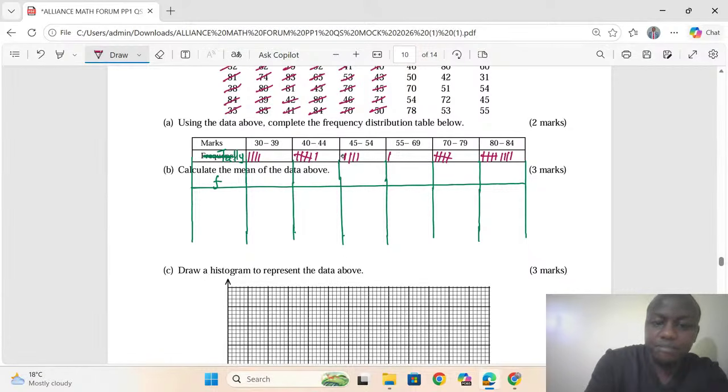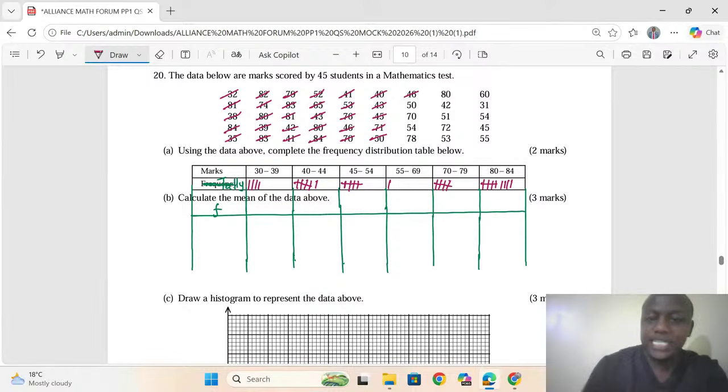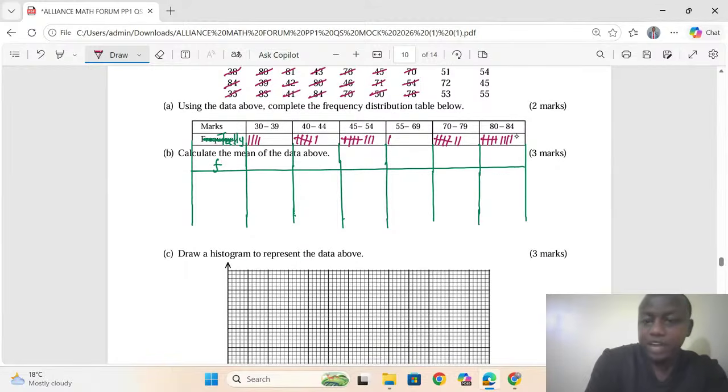They are already 4, so we wrap like that. 46, this class. 50, same class. 70 should be here. 54 should be here. 78 should be here. 80, they are already 4, so we wrap like this.